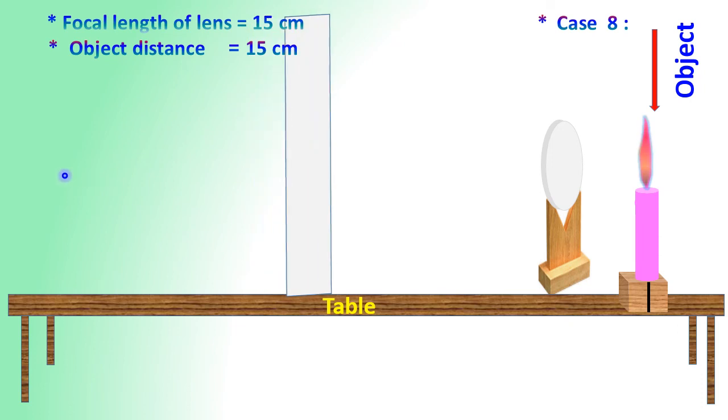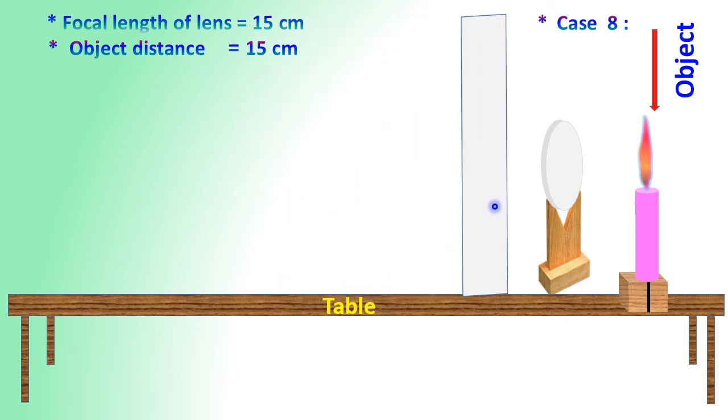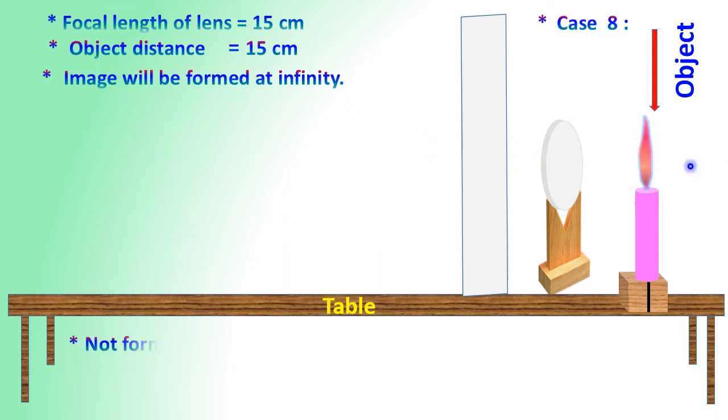Even if you bring the screen closer to the convex lens, we are not getting the image on it. So the image is not formed on the screen. The image will be formed at infinity. It could be formed either this side or this side. That's why it is ambiguous. It is not formed on the screen.